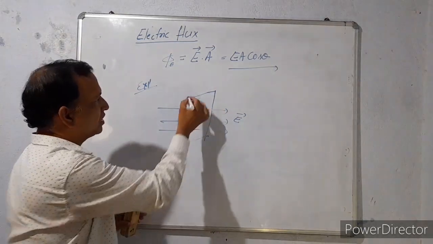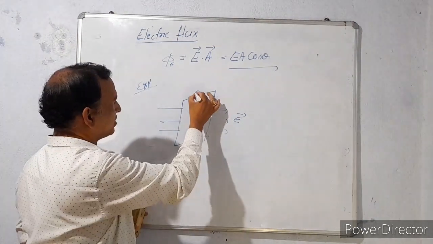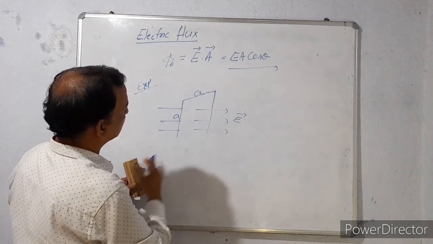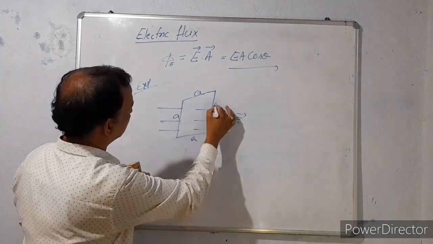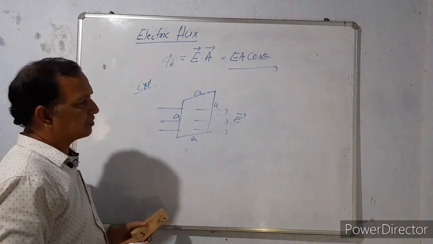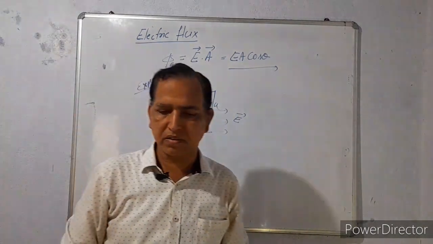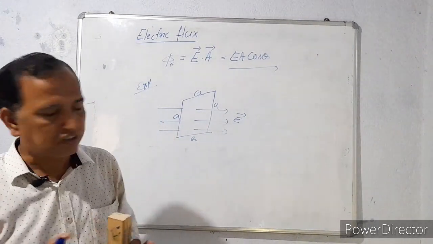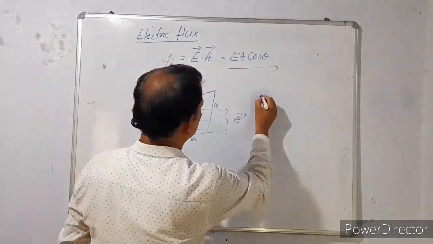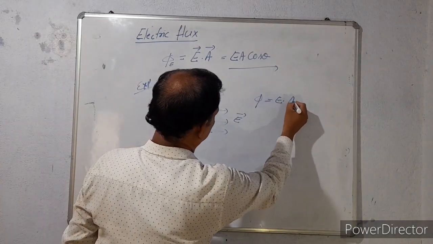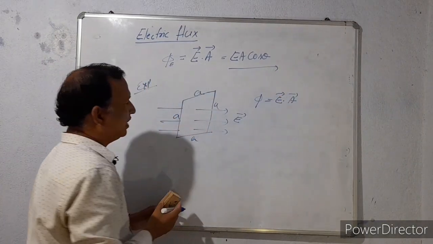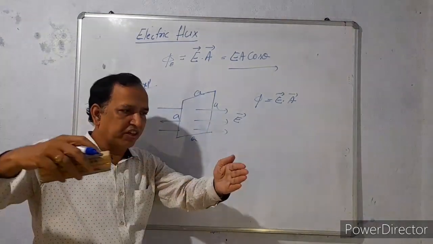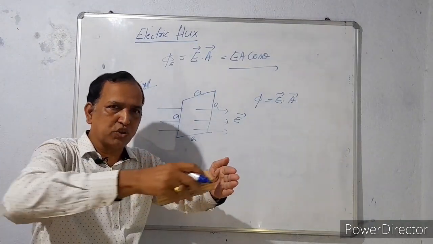This is the area of a surface, suppose the sides are A. So in this case, what is the flux? Flux is E dot A. Your flux phi is equal to E dot A. That means the electric field lines are passing through the area.